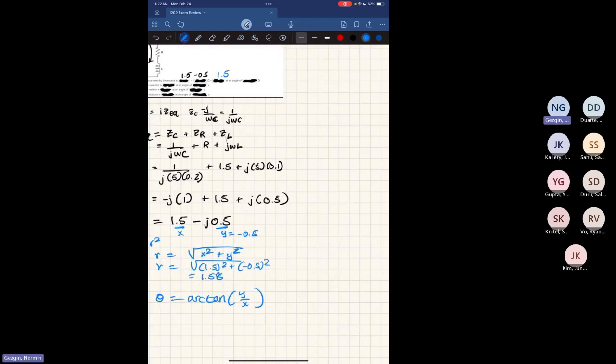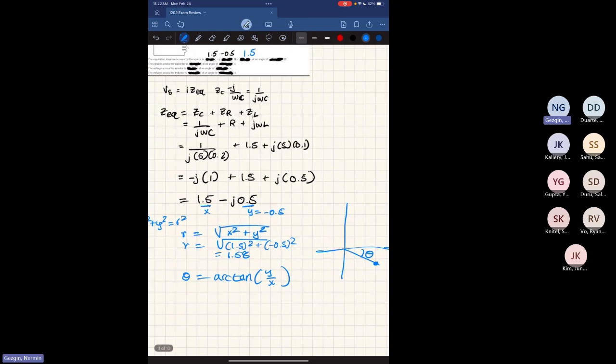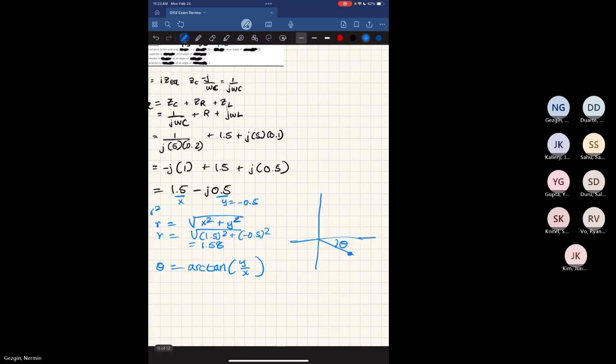What I would do first is plot this out. So it's 1.5 x and it's a negative 0.5 y. So it should be in this quadrant. So just ensure that whatever angle you find, it makes sense. And usually it always expects it between negative 180 to 180 degrees. Just be sure to check that.